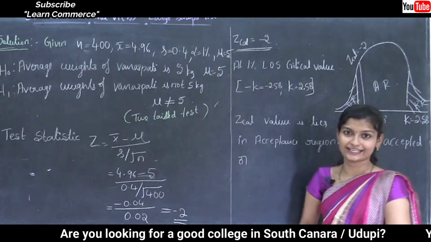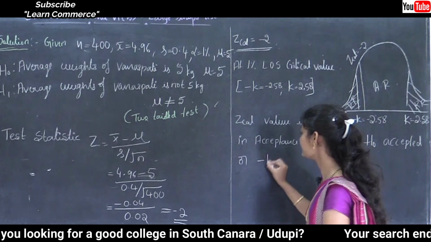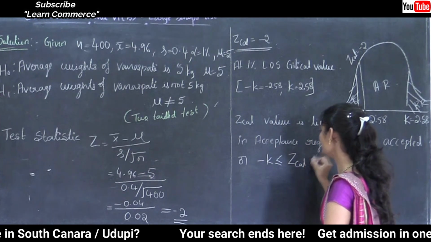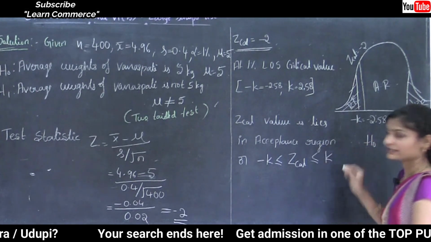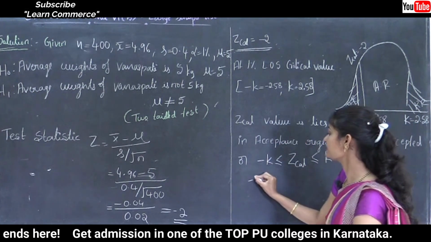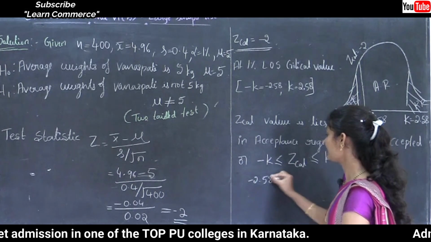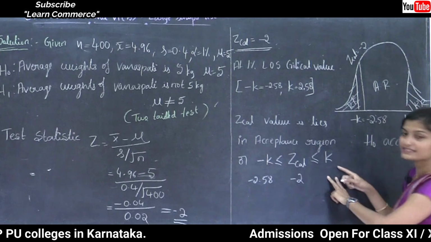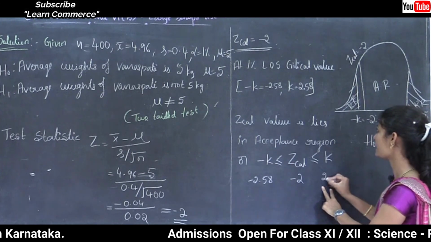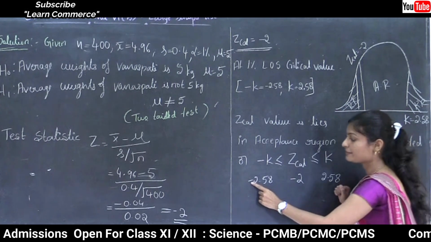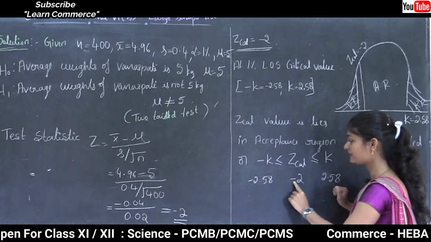Or we can use the condition of two-tailed test, that is minus k less than or equal to calculated value less than or equal to k. See here, minus k value is minus 2.58 and calculated value is minus 2, and plus k value is 2.58. Now I will check. See, minus 2.58 and minus 2.